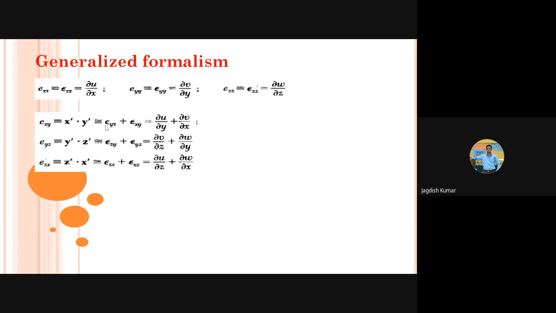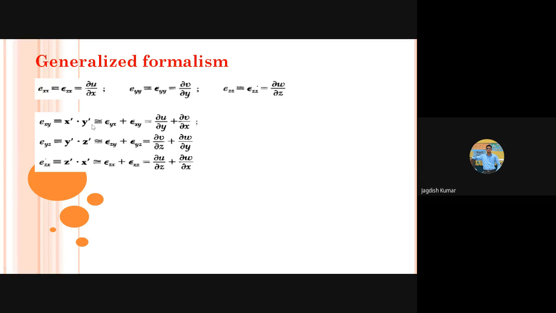Now what we are saying is, let us ignore those terms which contain the product of deformation with deformation itself. Because deformation itself is very small, that is why we are ignoring higher order products, and we are retaining only first order terms. That is why this sign of approximation. Fine.